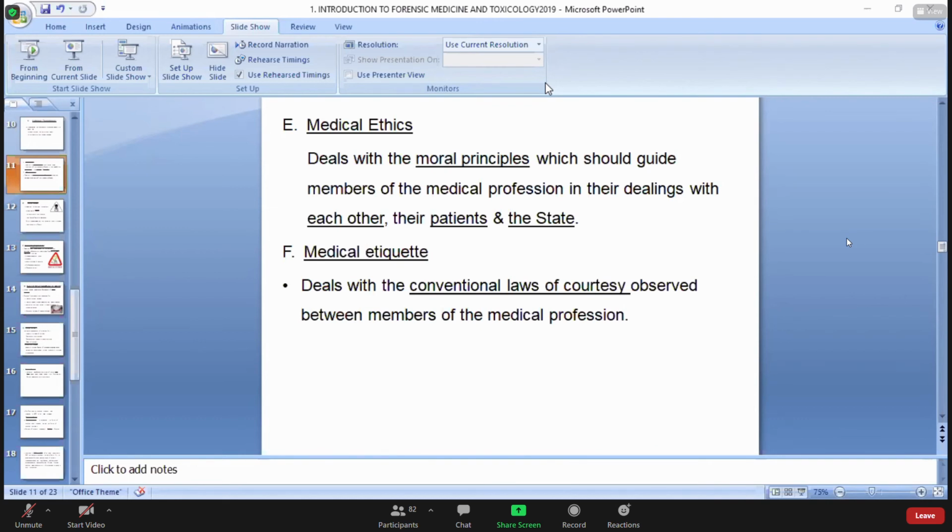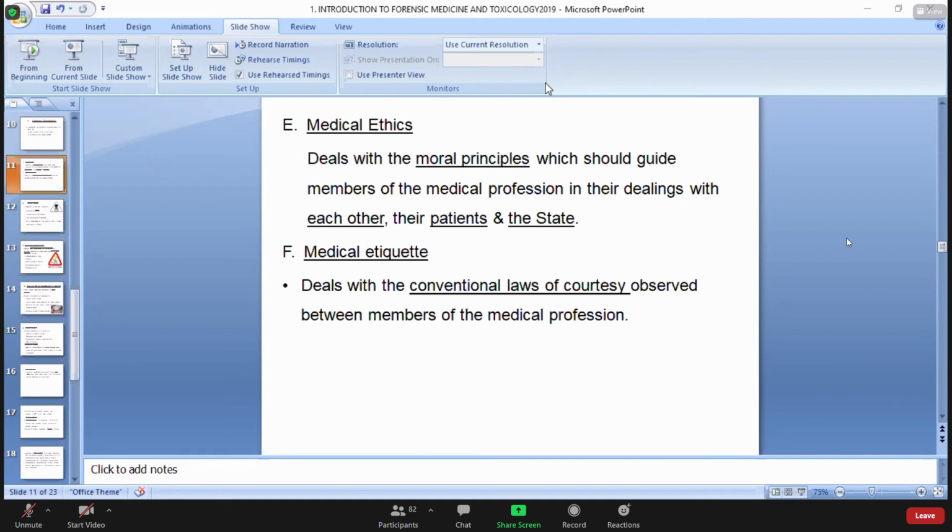How to deal with patients, what the conduct regarding patients is. And with the state, meaning your country, what your liabilities and duties towards your country are. Now medical ethics says that you must not disclose the patient's secrets to anyone, whatever the patient has confided in you under professional secrecy. But again, if it is a criminal case, if that patient has committed murder or any kind of criminal activity and came for medical examination, and by examining that patient you know that some criminal action has been done, then it is your duty to report it to the police.